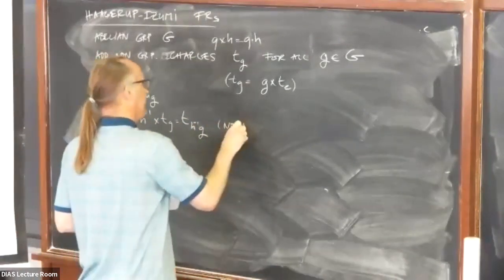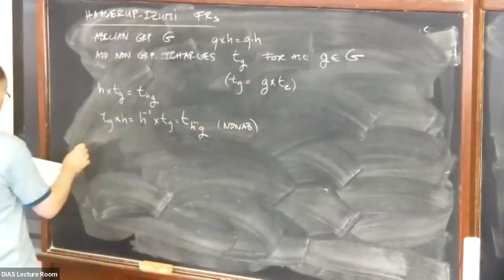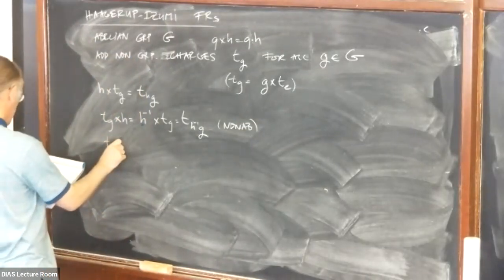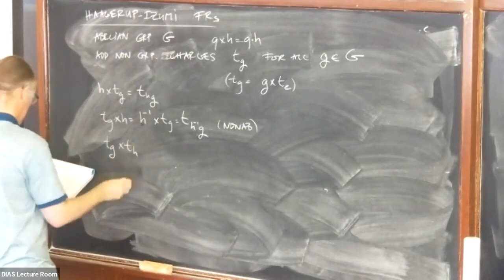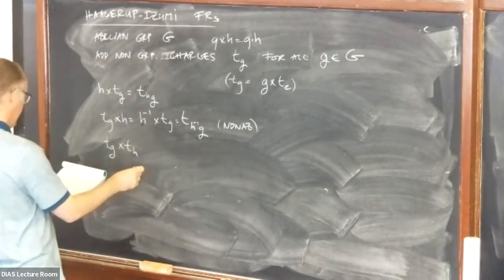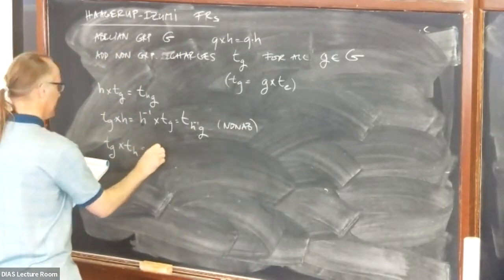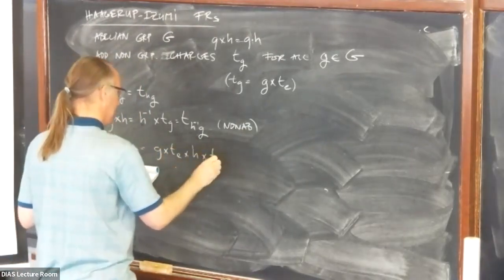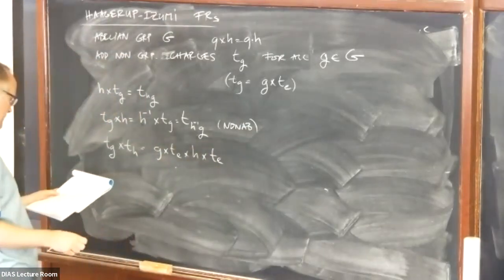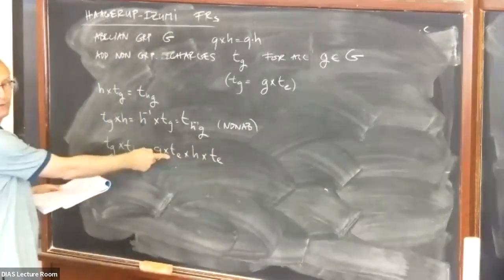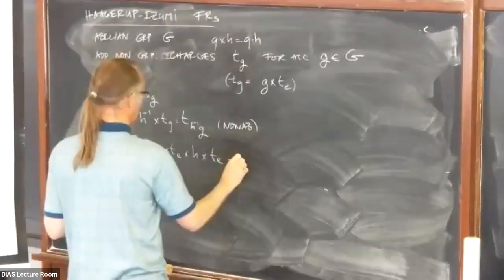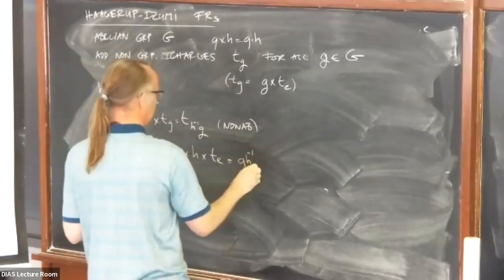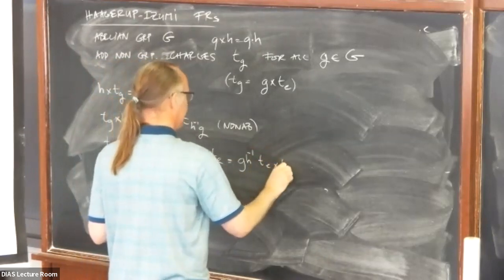And then you still have to see what happens when you multiply two of the t's, t_g times t_h. But you can sort of figure that out now because you say, oh, well, this is t_g times h times t_e, right? And then this h has to come over to this side. So that's t_h inverse t_e times t_g.